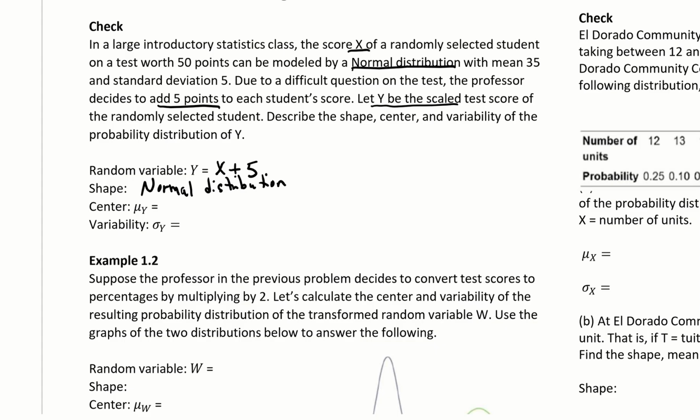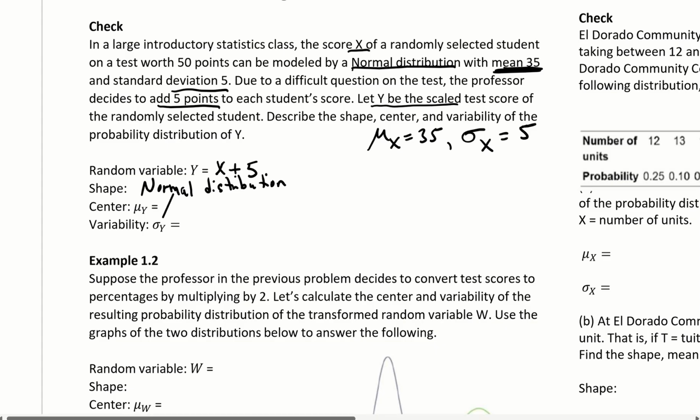The center here is, well, we know that the score X of a randomly selected student on a test can be modeled with a mean of 35. So we know that mu X is equal to 35, with a standard deviation of 5, and sigma X is equal to 5. So if we add 5 to the test score, is that going to affect the mean? Yes, it's going to affect the mean.